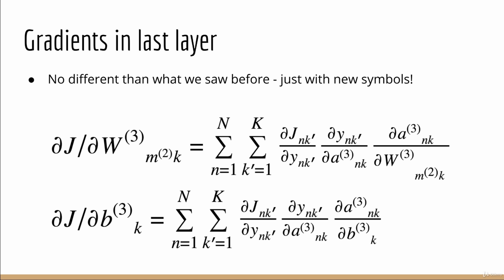So here is the chain rule, which is the same as what we had before, but expressed in terms of our new variable names. Notice that the indexes also have to have superscripts because we're going to follow the convention that little m2 counts from 1 up to big M2. In other words, we're still using the lowercase letter for the index and the uppercase letter for the total size with corresponding superscripts.